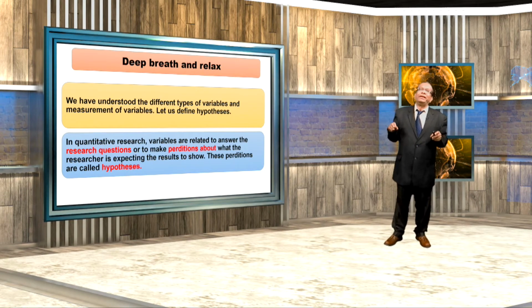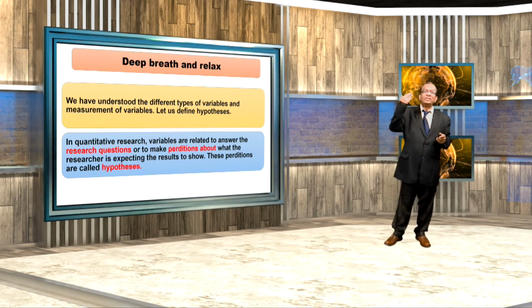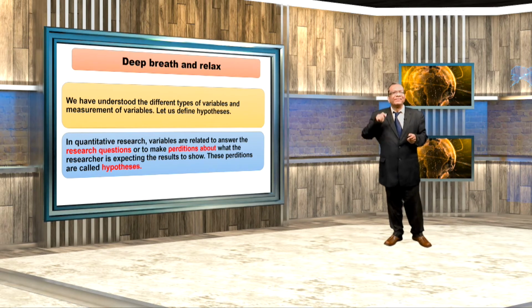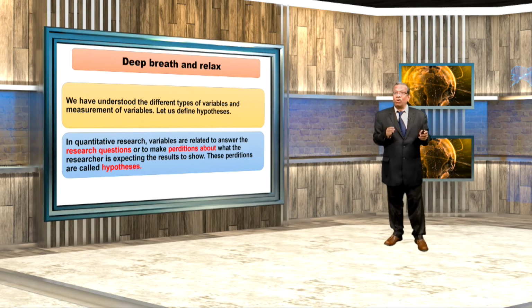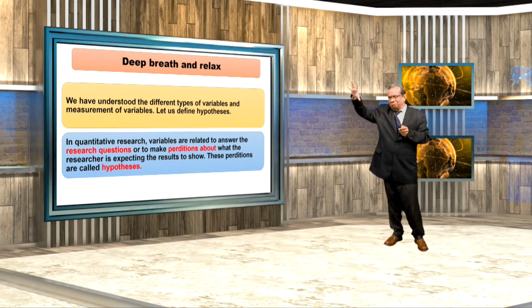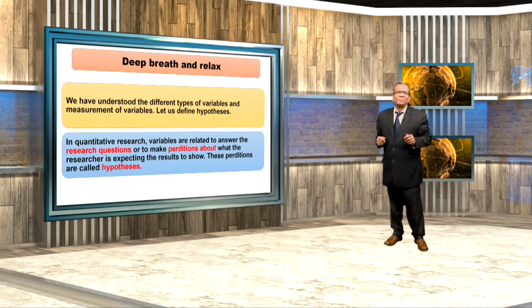Now, let us take a deep breath and relax. I want you to just recapitulate what we have already discussed, probably reflect on what we have discussed on variables. Now, we have got a small map of different variables that are from left to right.